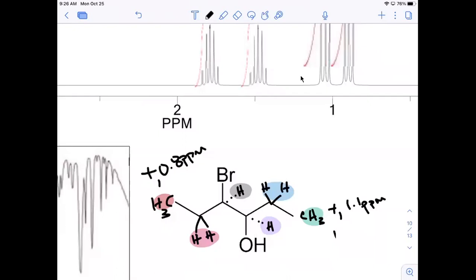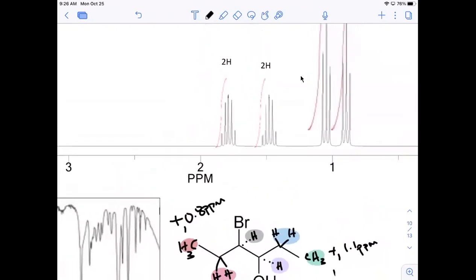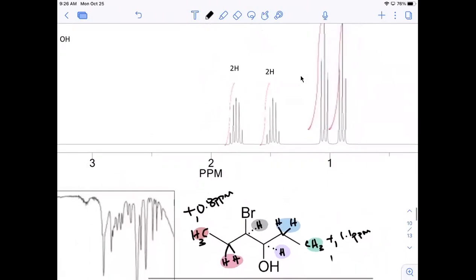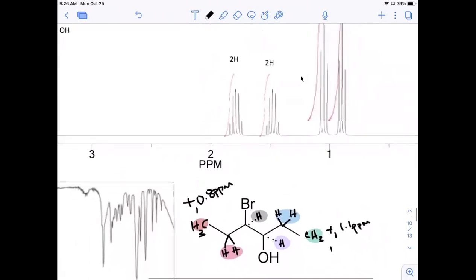They both are adjacent to a methyl group, or CH3, on one side, and a methine carbon on the other side. So we're going to apply the same logic. The one that's closer to oxygen, we're going to make more downfield, and the one close to bromine will be the one further upfield. Let's do that. So which one is going to be the pink set? These colors are all starting to blend together.